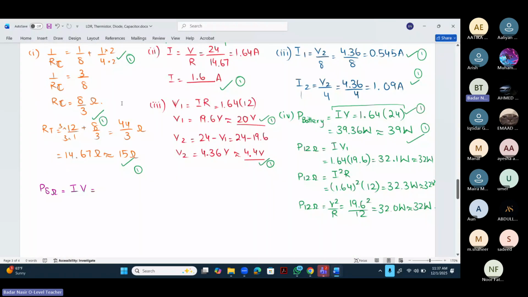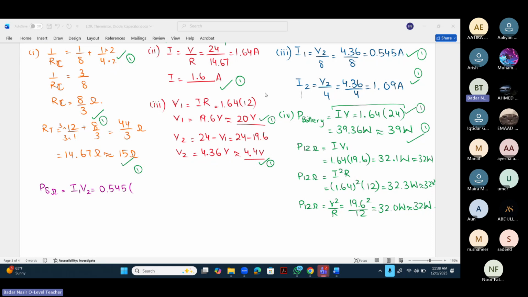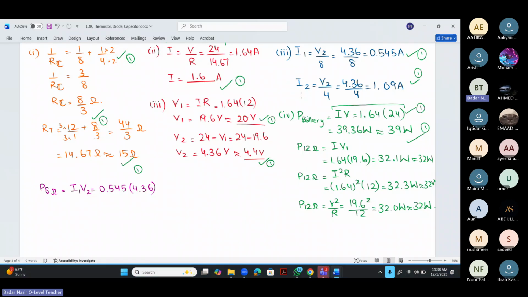So we'll use I1 and V2. अब current कितना है? I1 is 0.545, V2 is 4.36. So if you multiply 0.545 times 4.36, we get 2.38 watt.